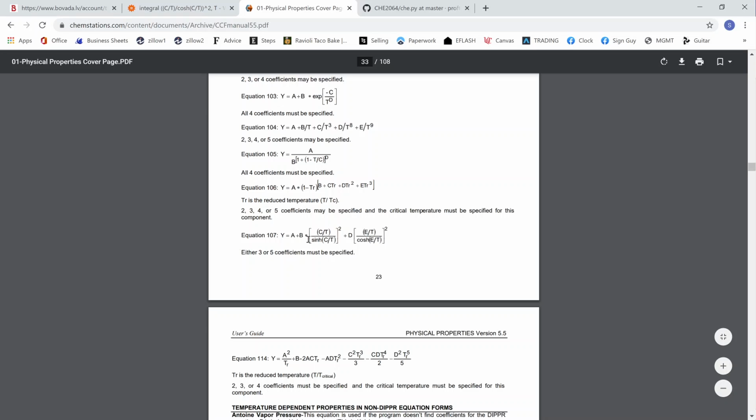So we want to integrate equation 107, and to do that we're going to use Wolfram Alpha.